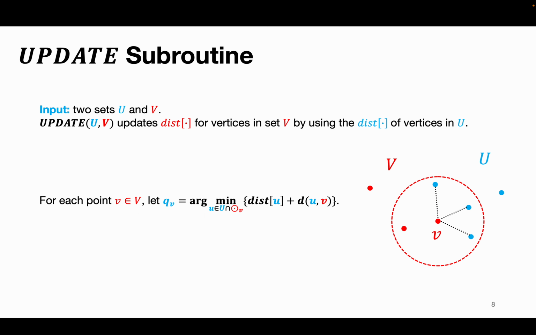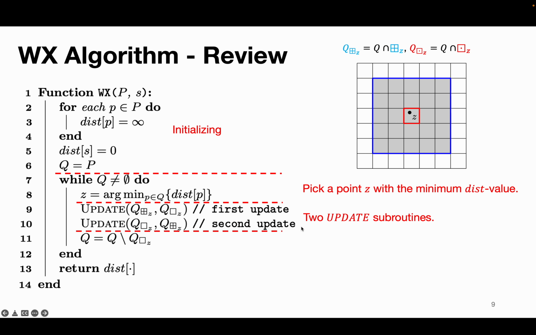Then the dist value of V will be updated to the minimum of two values: the original one, and the dist value of QV plus the distance between QV and V.